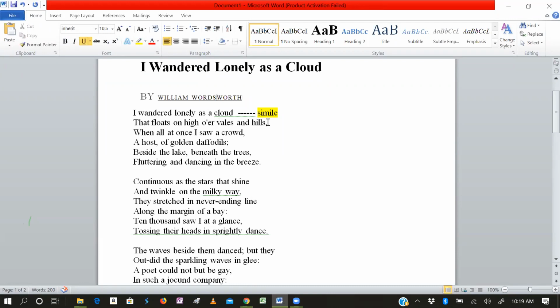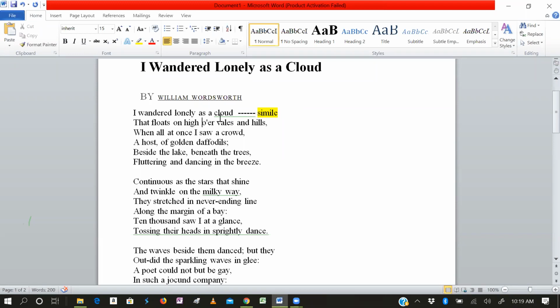That floats means that is moving, and on high over vales means over the valleys. Who was floating? The cloud. Like the clouds move over the vales and hills, I was moving lonely.